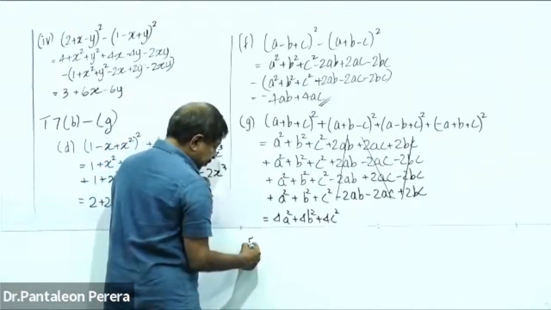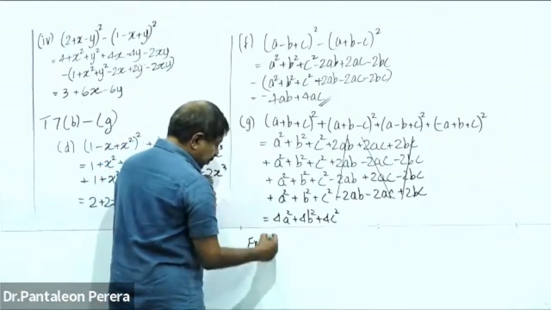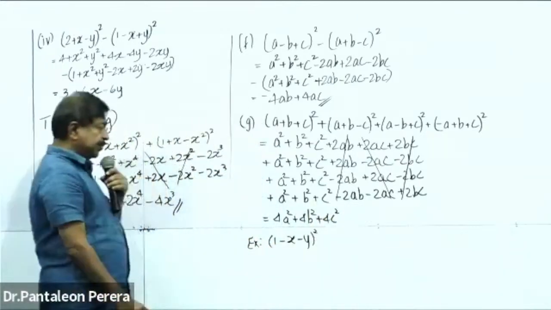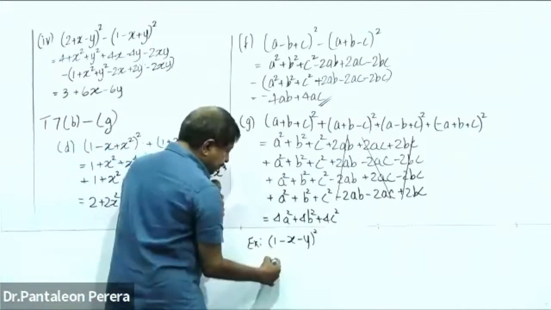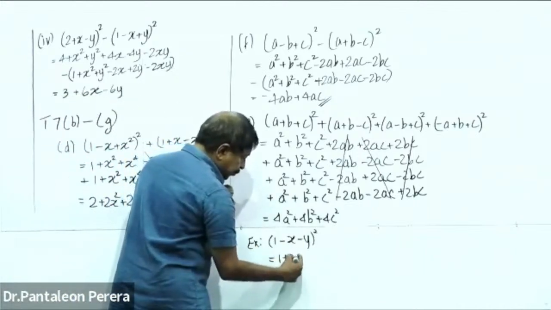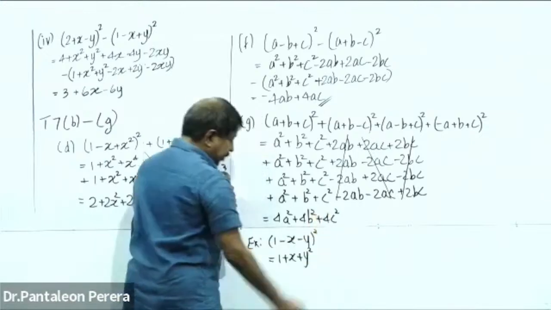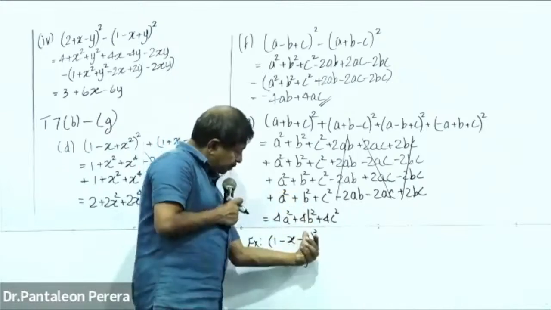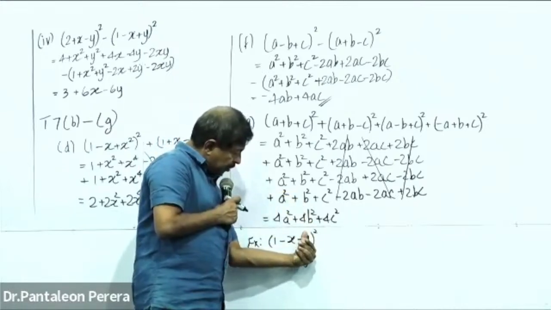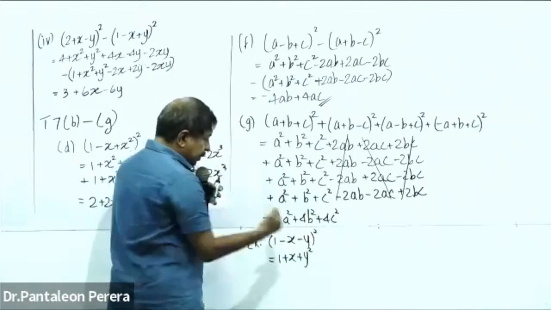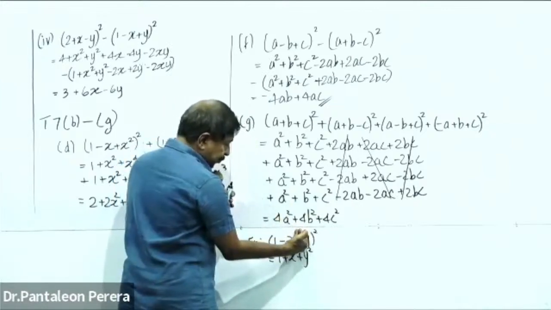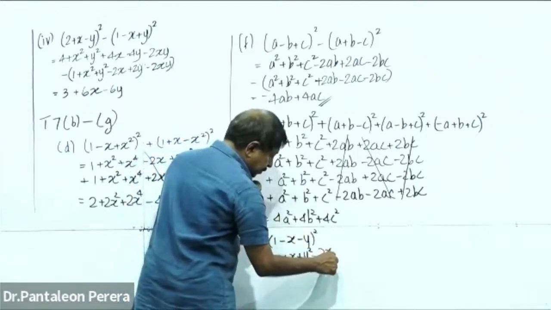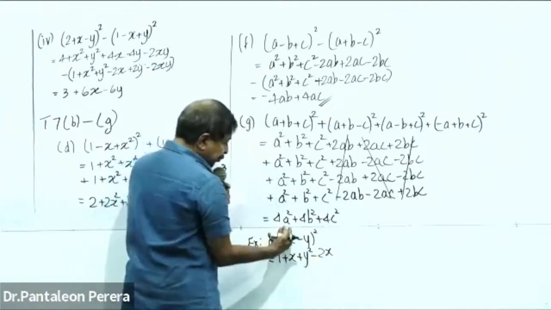There's one thing I need to, this is an example. I forgot just one of them. What happens if you have two negative signs like this? Still, you have to raise everything to their respective squares. Now close this. When you close, you have to close with the sign. You have 2 times 1 times minus x. So minus 2x. Then close this.